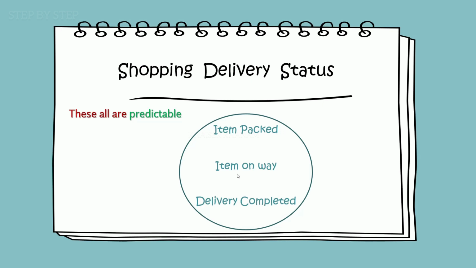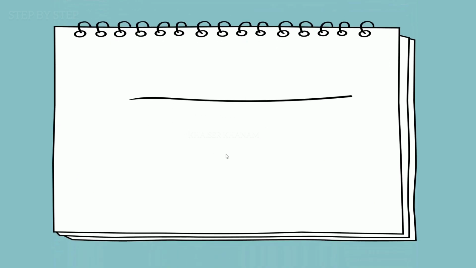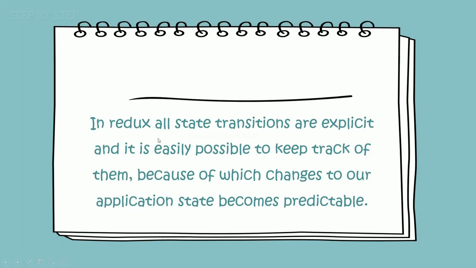Okay, I hope you understood all these things. Predictable, state container, and JavaScript apps. Okay, these three things you should be very aware of, and you should understand this Redux definition. And in Redux, all the state transitions are explicit and it is easily possible to keep track of them.